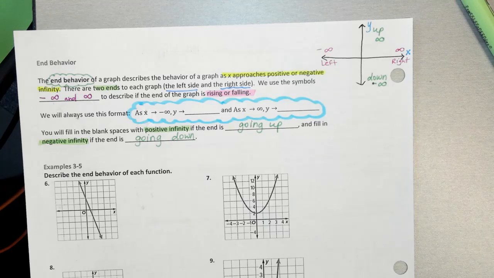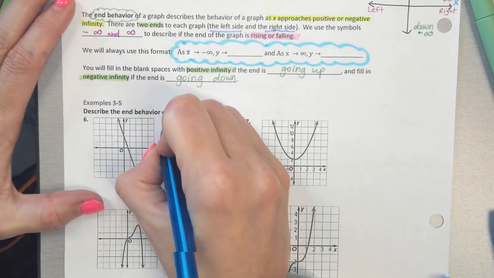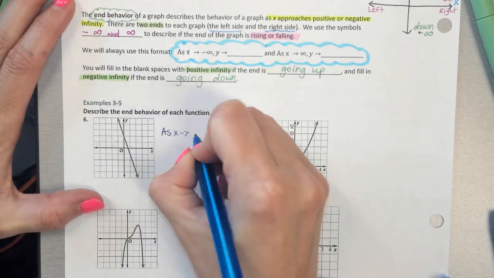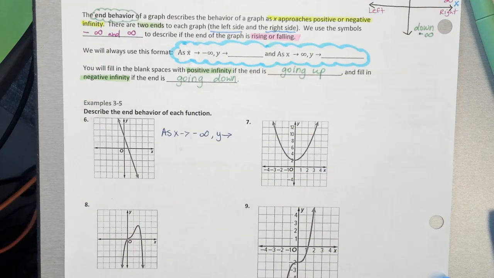So when it says describe the end behavior, we're going to write a mathematical sentence. I gave you that sentence stem, and we're going to be filling it in together. Our sentence is always going to start as x goes to negative infinity, y goes to, and I'm just going to leave that blank.